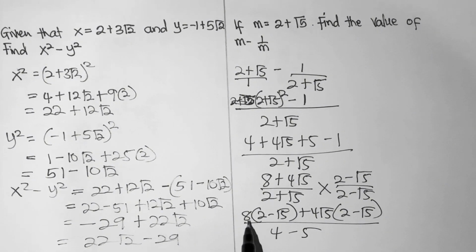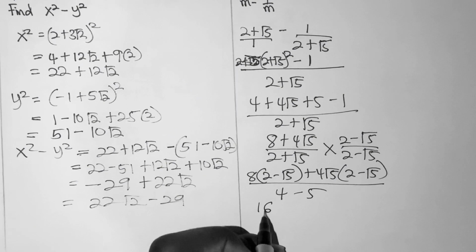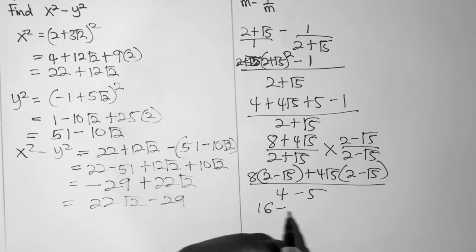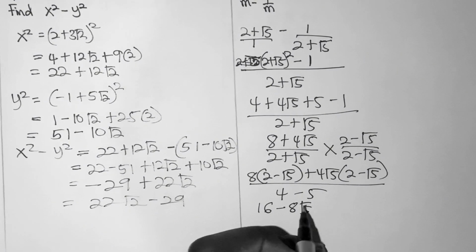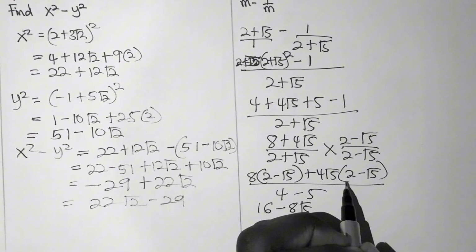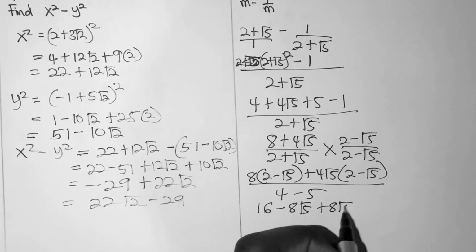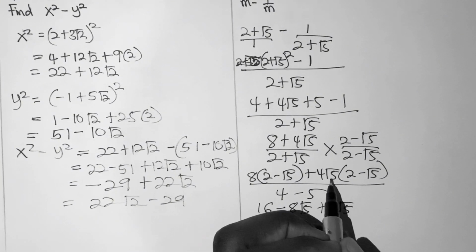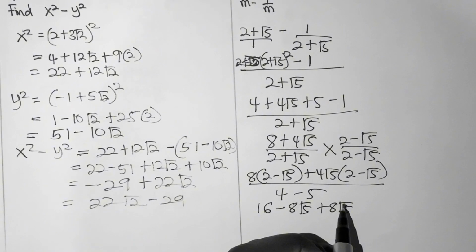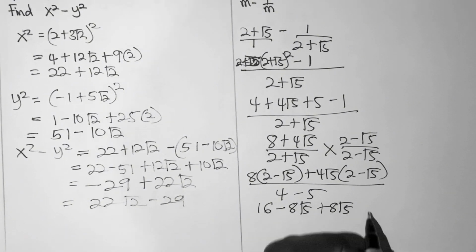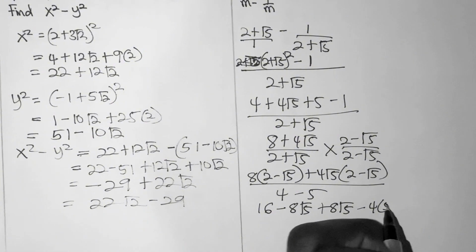So at the end of the day, you see that 8 times 2 is 16. 8 times minus root 5 is minus 8 root 5. Then 4 root 5 times 2 is plus 8 root 5. Then 4 root 5 times minus root 5 becomes minus 4 times 5.